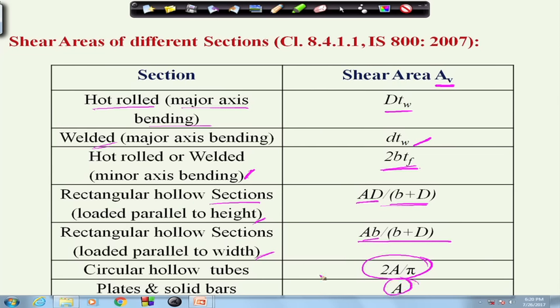So, this is how the shear area of a section can be calculated, which has been given in clause 8.4.1.1, from which we can calculate the shear area Av. Then coming to web buckling.